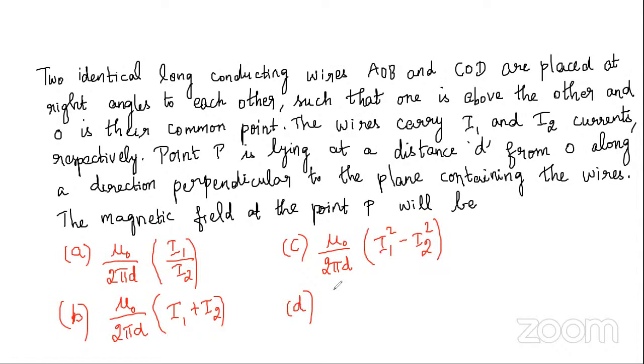Option D: mu naught by 2 pi d into I1 square plus I2 square whole power 1 by 2.